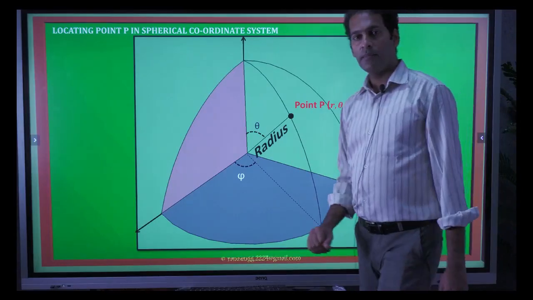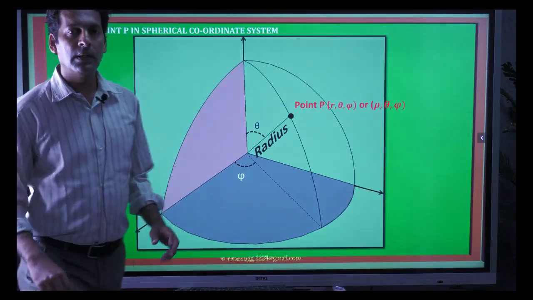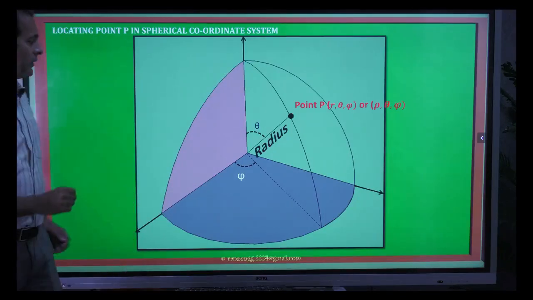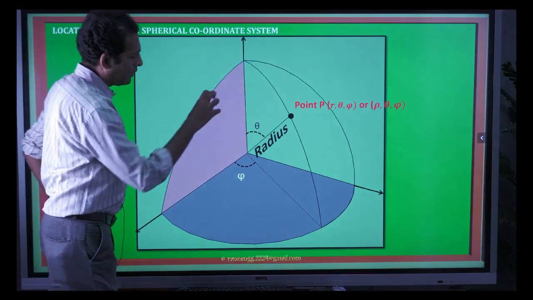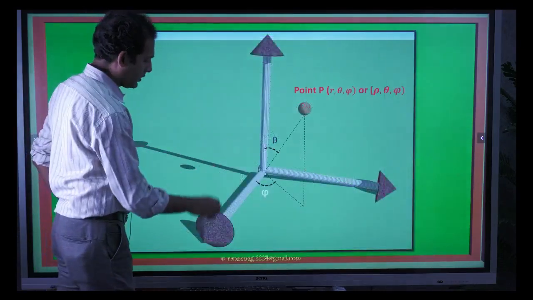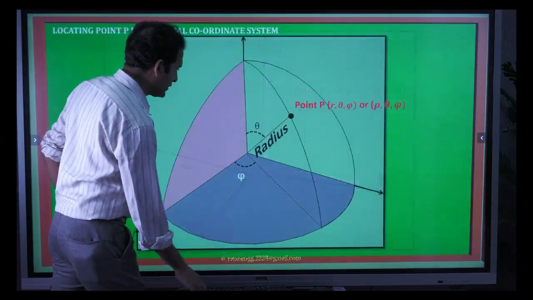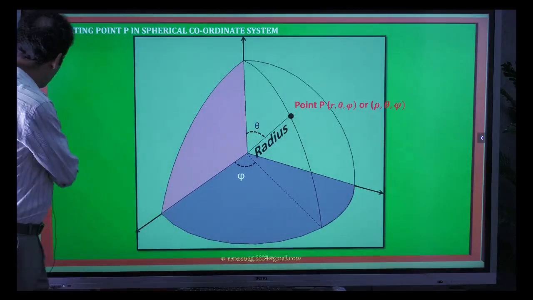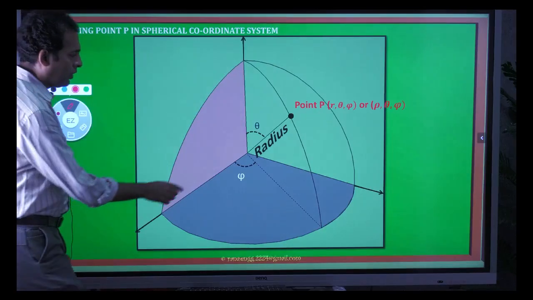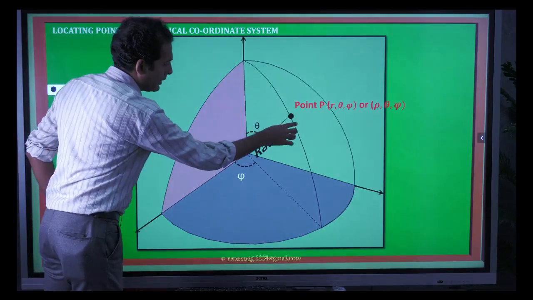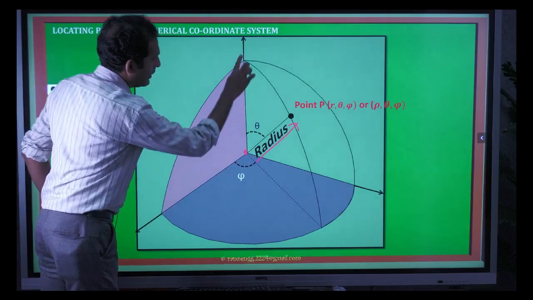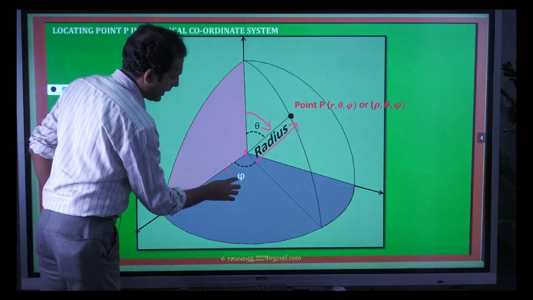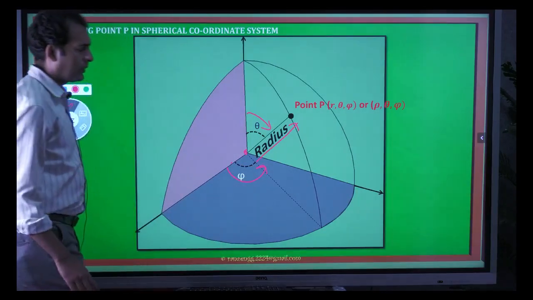Then this is another diagram where a cross section of the spherical coordinate system is taken. In most books, a diagram like this is given. We take out a small portion, a cross sectional area, and this represents a point P. This point P has some radius from the origin. So this is radius r, this angle theta from z, and this other angle phi from x.